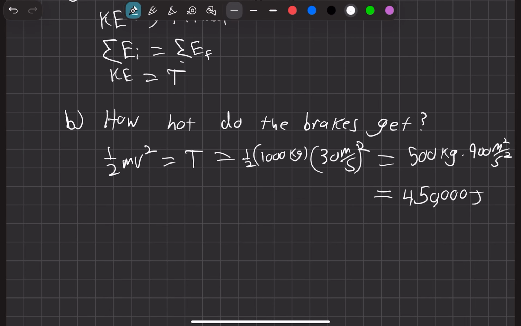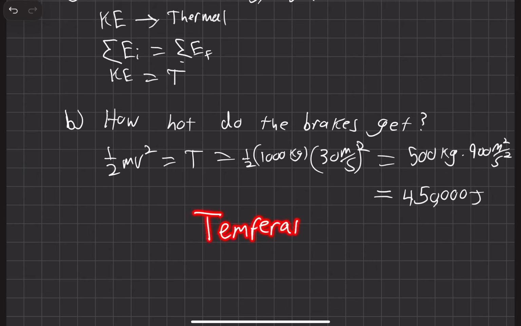Now, that's not telling you how hot it got in terms of temperature, because, of course, if someone asked how hot it gets, most people think temperature. But you can figure out how hot the brakes might get if you apply the equation that I usually teach in my chemistry class: the heat energy that goes into or out of a system is equal to the mass of an object times the specific heat of that object times the change in temperature.